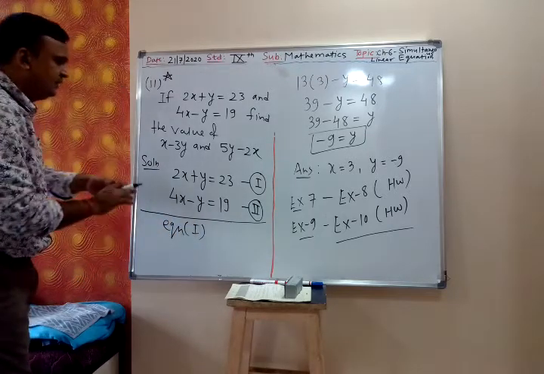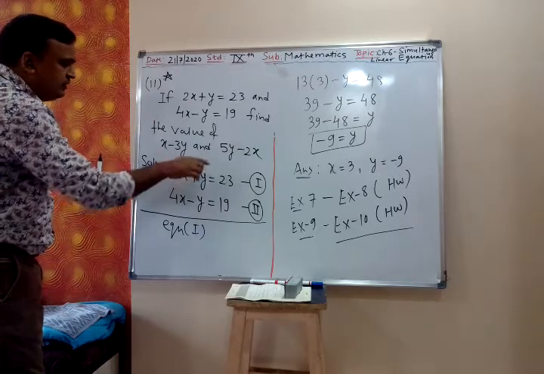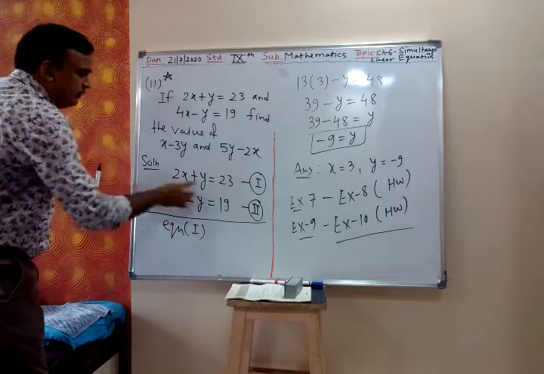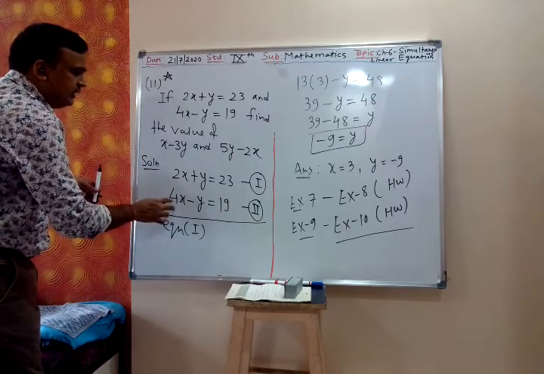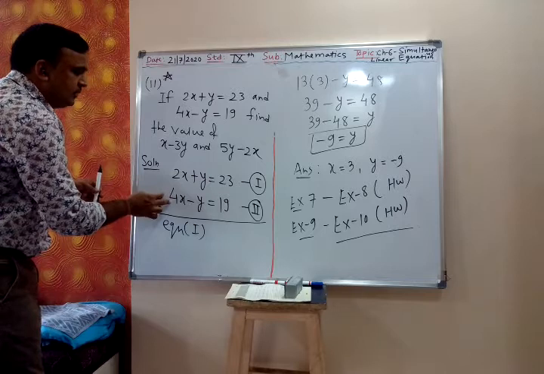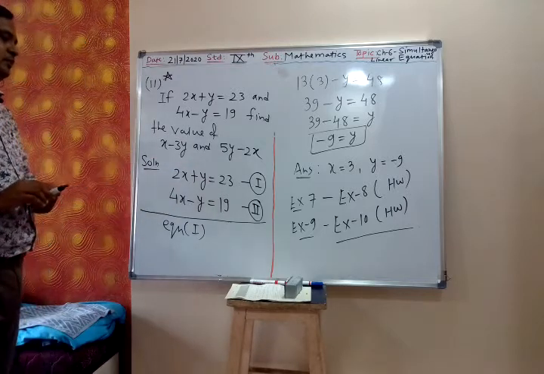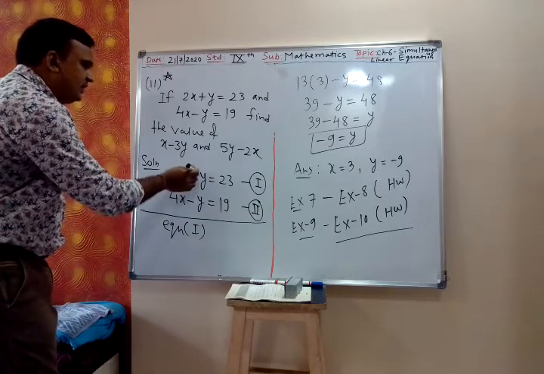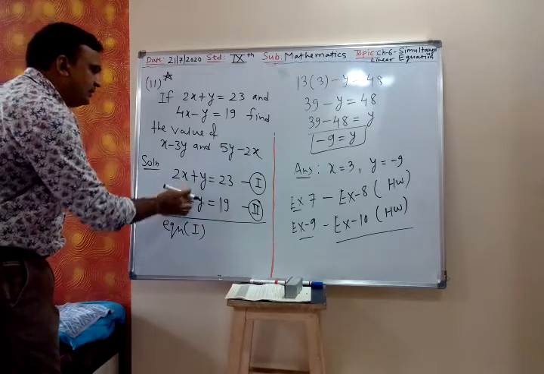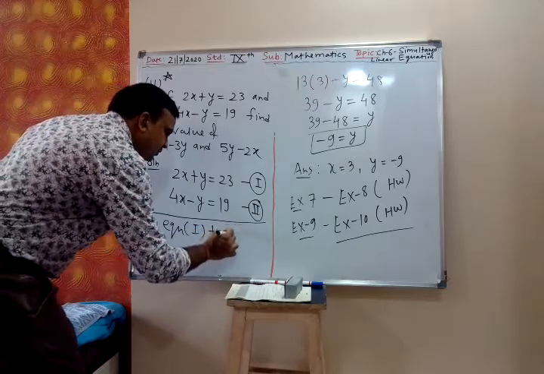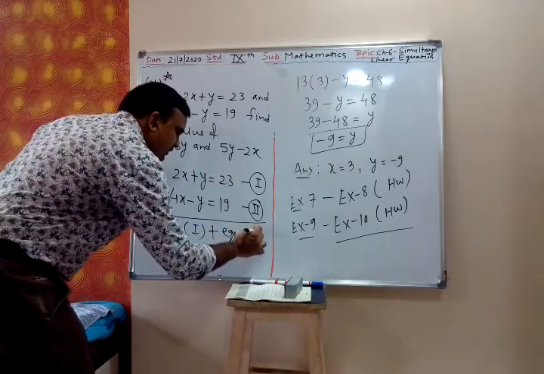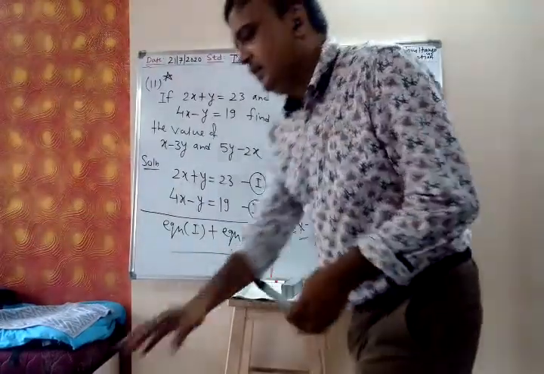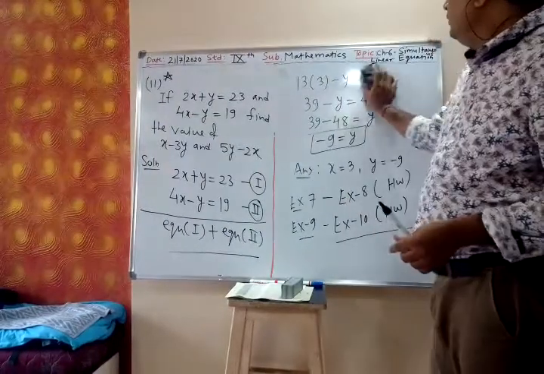If you take x, then equation 1 you have to multiply by 4 and equation 2 by 2, and then they have the same sign, plus plus, so you have to subtract equation 2. Here the coefficients are equal and signs are different, so equation 1 plus equation 2.